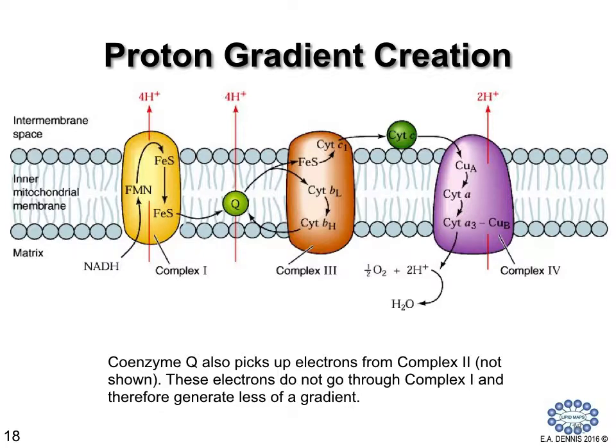complexes, eventually delivering the energy to cytochrome C, introduced on the last slide, which is associated with the inner membrane space side of the inner mitochondrial membrane rather than the matrix side, and is also a mobile electron carrier because it can pass the electron to complex 4, which is the end point of the electron transport chain.